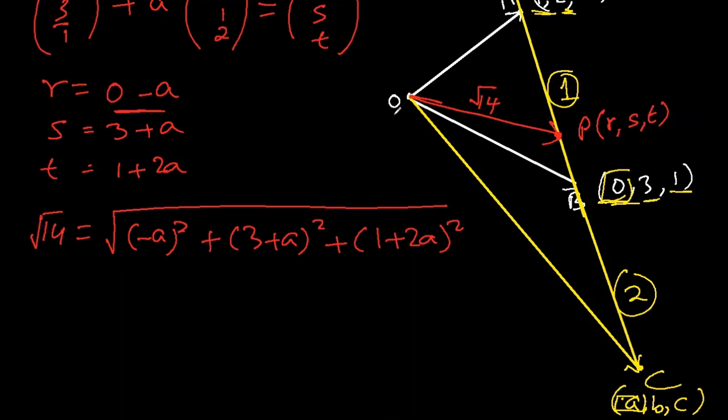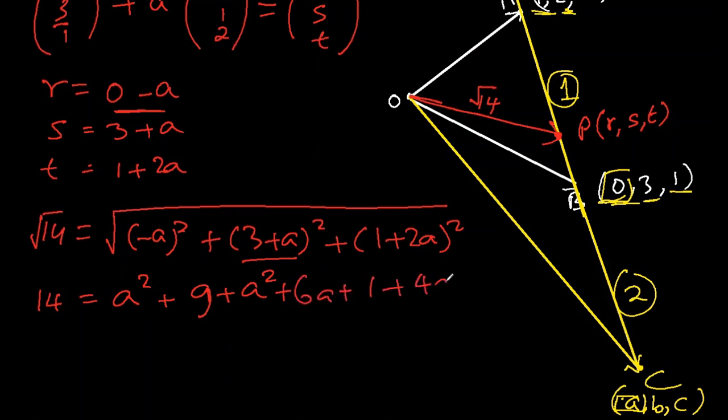This is how we find the magnitude of a position vector, by squaring the x, y, z coordinates of the head. Let's square both sides. So 14 equals a squared plus, squaring this one, 9 plus a squared plus 6a. Similarly, 1 plus 4a squared plus 4a.